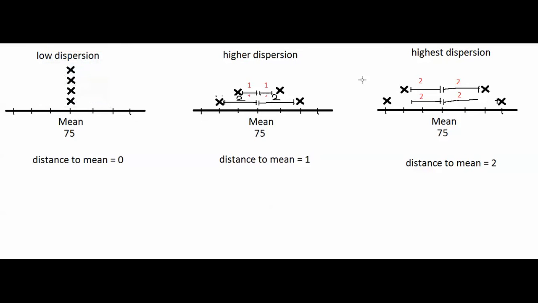Well, this score of 73 is 2 away from the mean. This score of 77 is 2 away from the mean. But these 2 other exam scores are 3 away from the mean, because this person who got a 72 is 3 below the mean of 75.